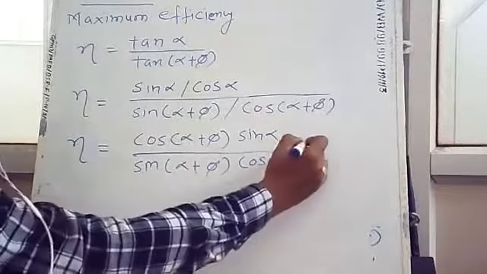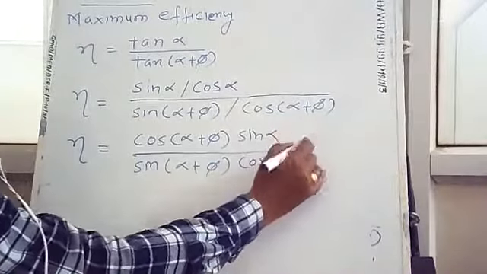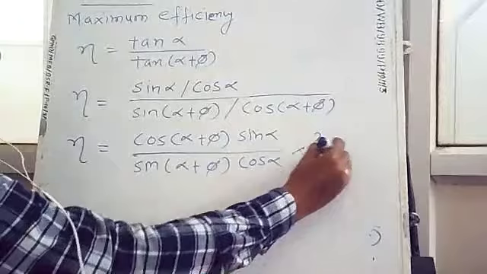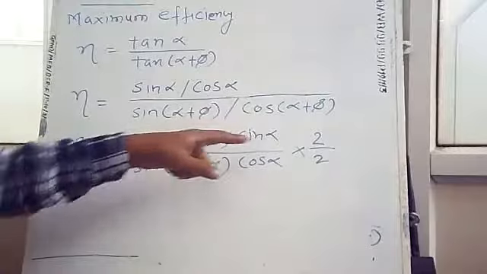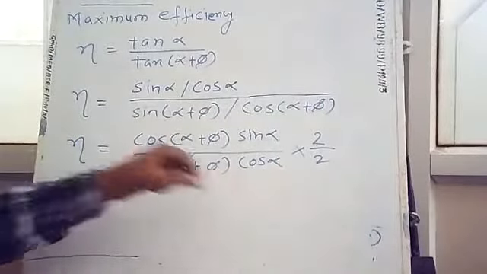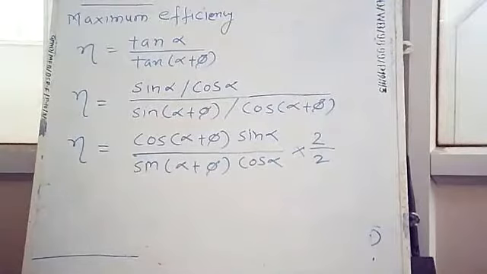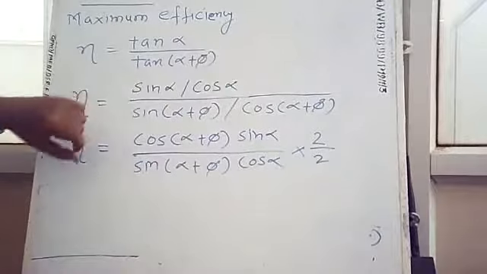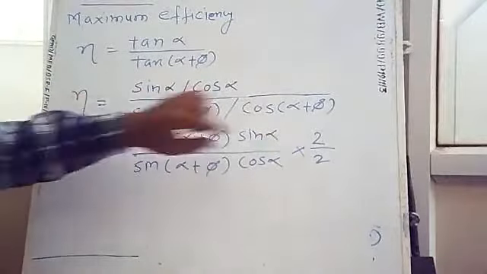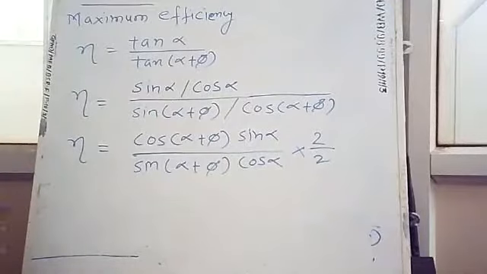Now if I multiply here both sides by 2, then it becomes 2 cos of alpha plus phi into sin alpha, divided by 2 sin of alpha plus phi into cos alpha. This is similar to 2 cos A sin B and 2 sin A cos B. So we can expand that.